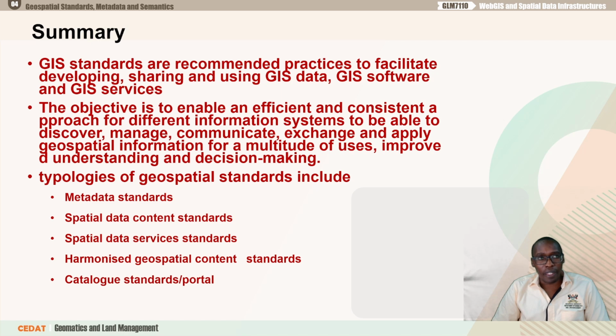And then we went on to look at the typical standards that we use in the geospatial domain, and we said we have metadata standards, spatial data content standards, spatial data service standards, harmonized geospatial content standards, and catalog standards, or maybe standards for the network services.